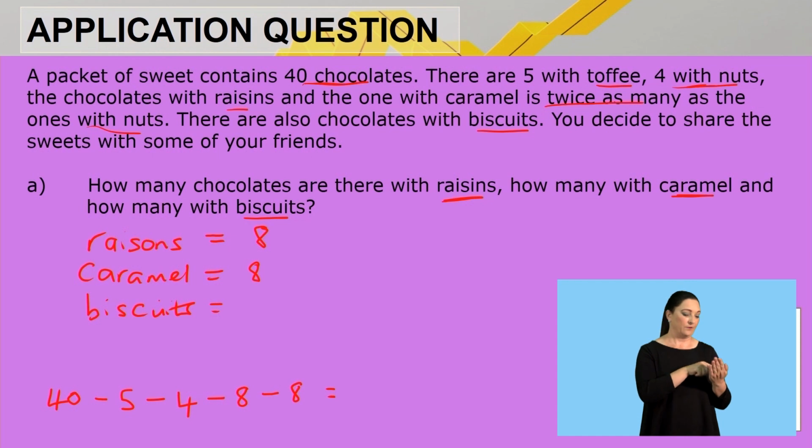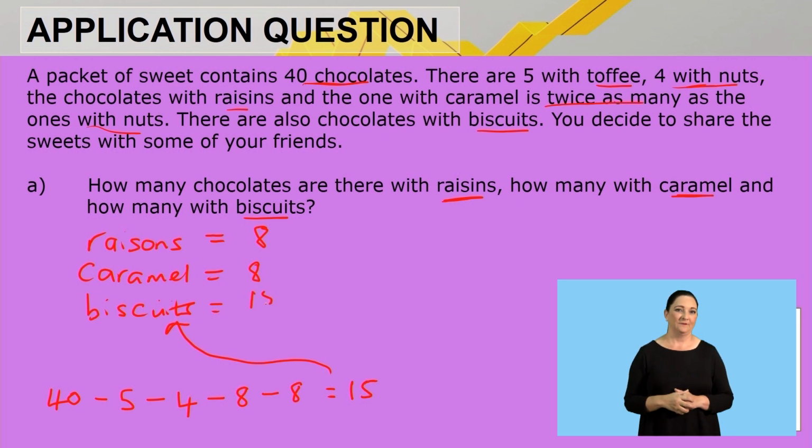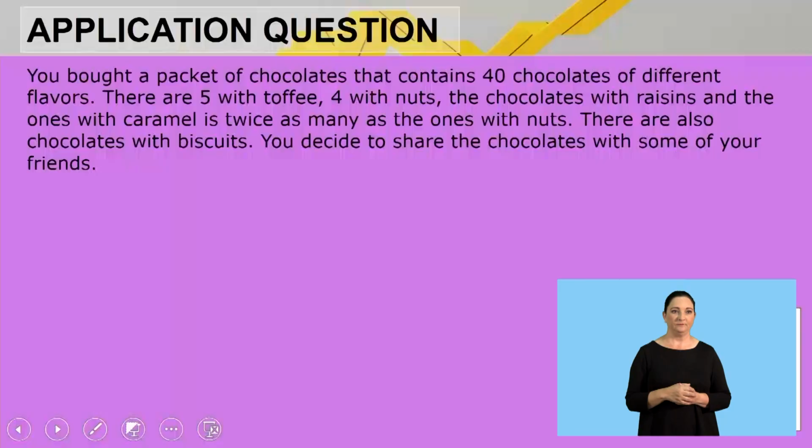So it's 40 minus 5 minus 4 minus 8 minus 8. That will give us a total of 15. So the 15 here will be the ones with the biscuit. Therefore, 15 of the chocolates will contain biscuit. Guys, I hope that's clear to all of you. I know it's a mouthful, but again, if we put all the pieces together, we'll be able to solve this problem.